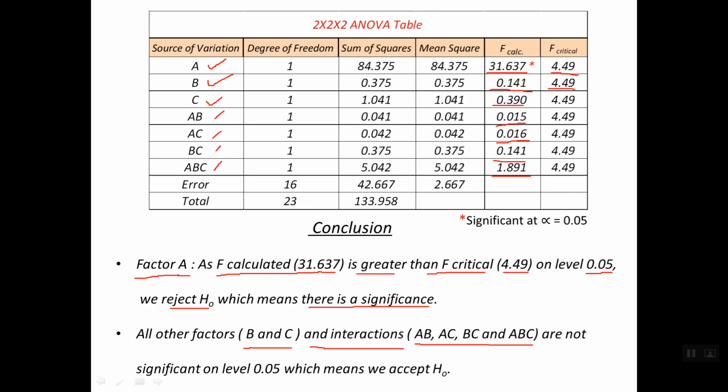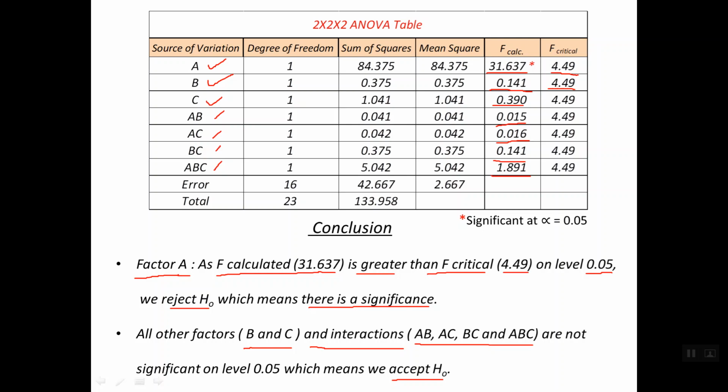And for all of these, we accept the null hypothesis, which means that there is no interaction between the combination of the three factors, and again there is no significance for both factor B and factor C.